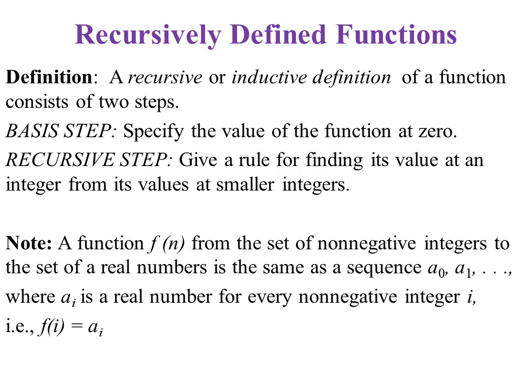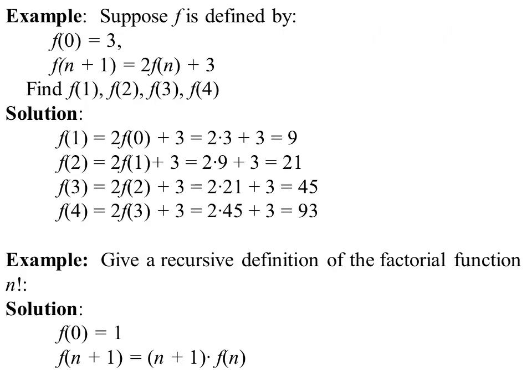A function f of n from the set of non-negative integers to the set of real numbers will be expressed as a sequence a0, a1, and so on, where ai is a real number for every non-negative integer i, that is f of i is equal to ai.